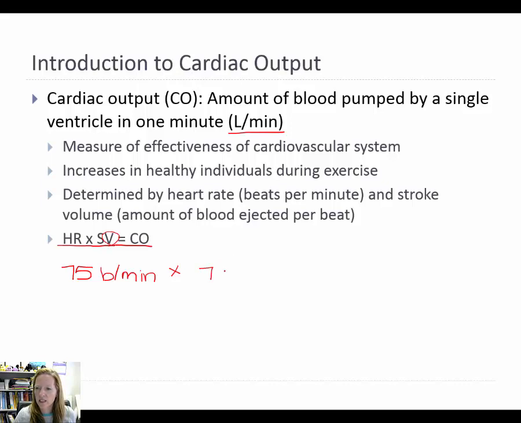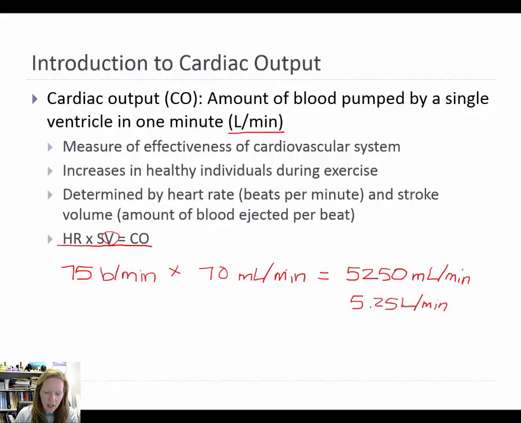So this one's going to be 70 milliliters per beat. And again, this is just average. This is going to be different from individual to individual, like we're going to talk about in a second. If you do some fast multiplication, that gives you 5,250 mL per minute, which is equivalent to 5.25 liters per minute.